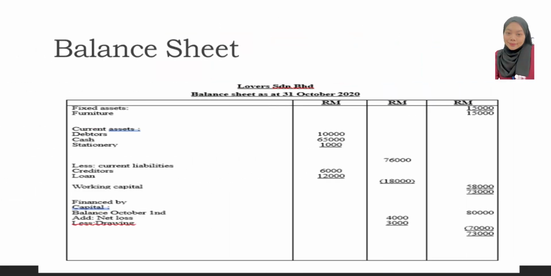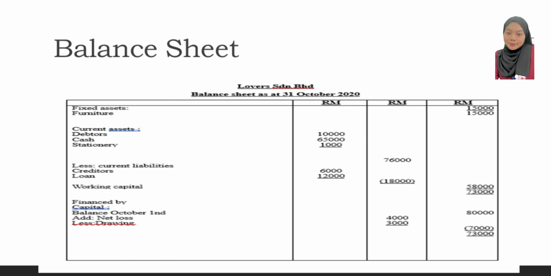So, this is Lover's Sendirian Berhad balance sheet as at 31 October 2020. In this column, we have fixed assets, which is the furniture account at 15,000. Then we have current assets, which are the debtors account at 10,000, cash account at 65,000, and sanitary account at 1,000.